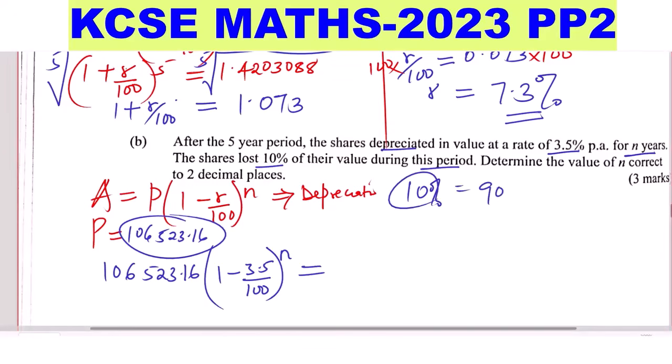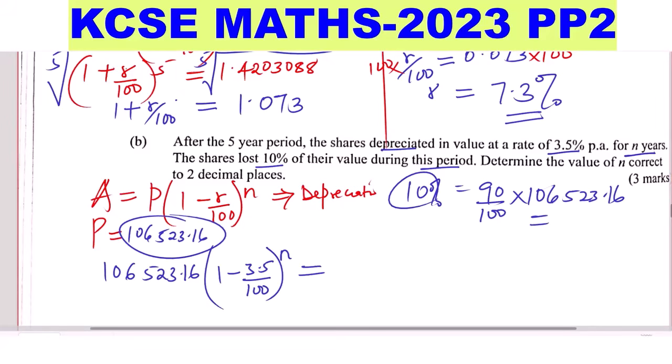The amount after depreciating will be 90% because it lost 10%. So 90% times 106,523.16.